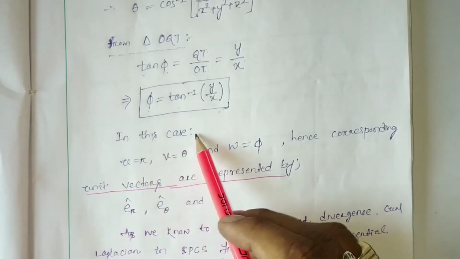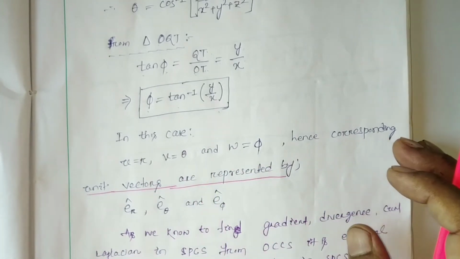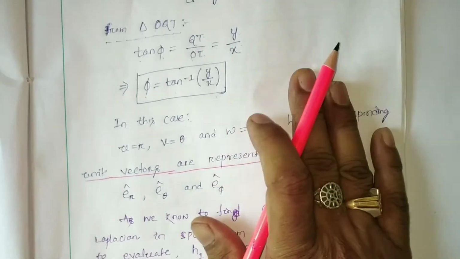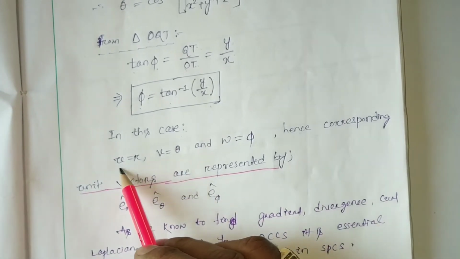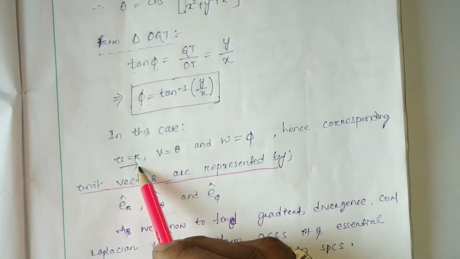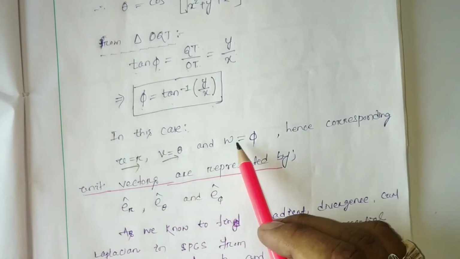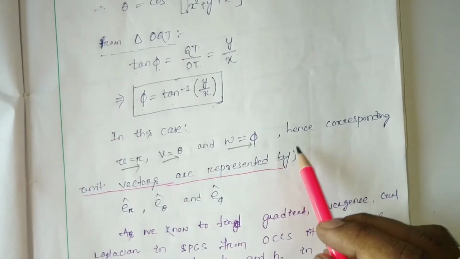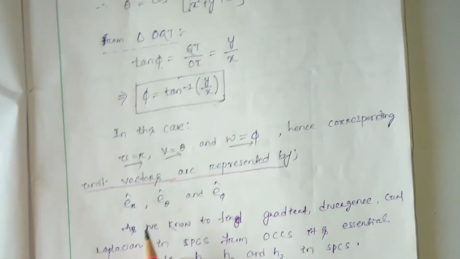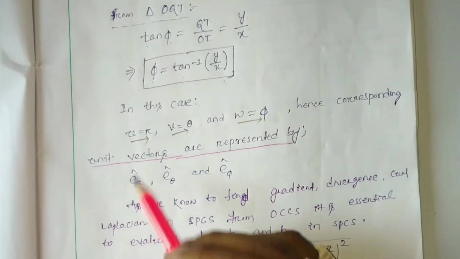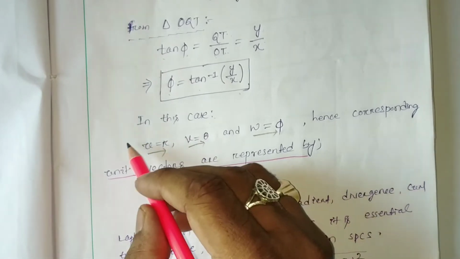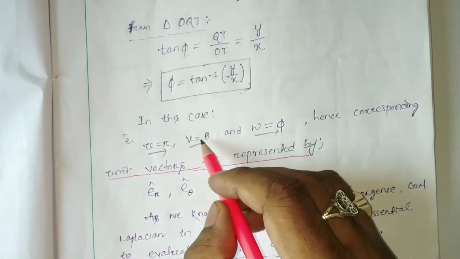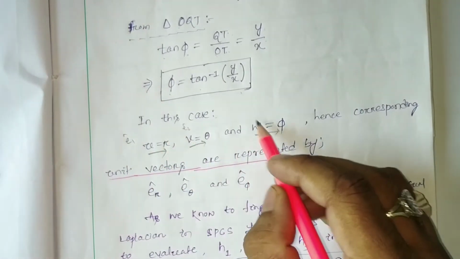Okay. So as we discussed previously, for the spherical polar coordinate system, u is considered as r, v as theta, w as phi. Hence the corresponding unit vectors will be written as, see, previously for OCCS, u was e1 cap, v e2 cap, w e3 cap.